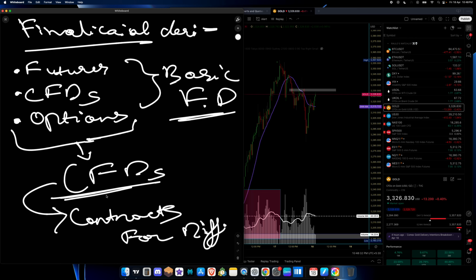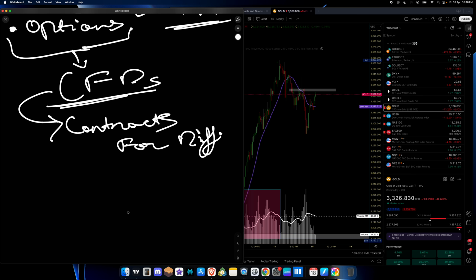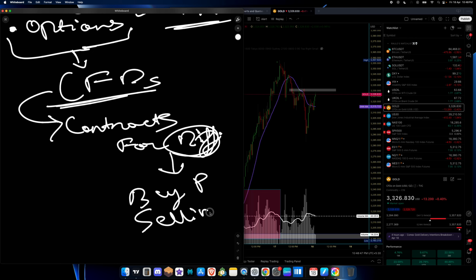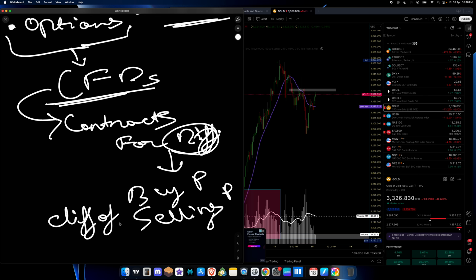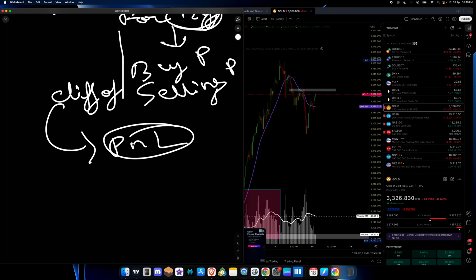The name itself suggests that you will be trading simple contracts, and whatever the difference will be between the buying price and the selling price, that difference will be your profit or loss.